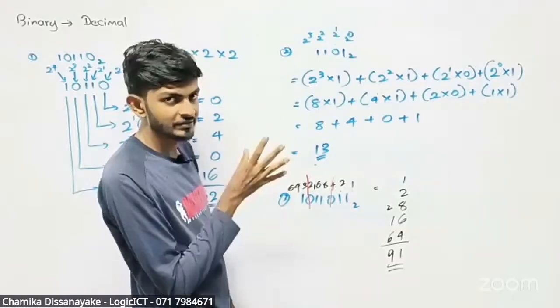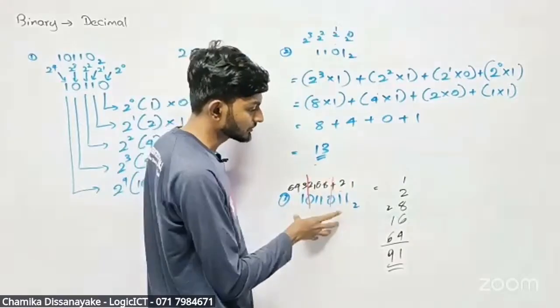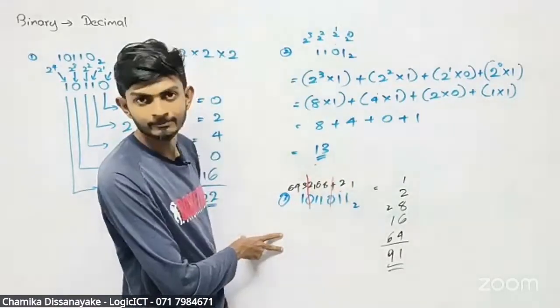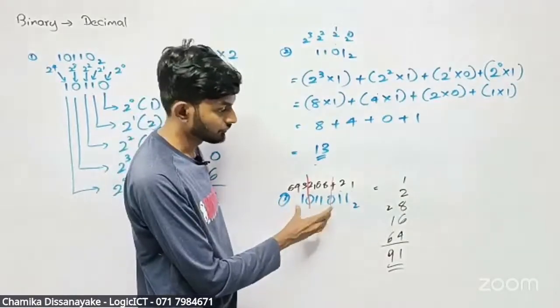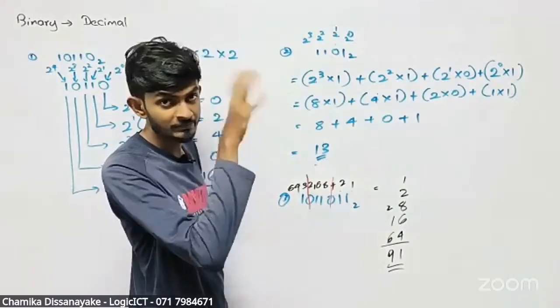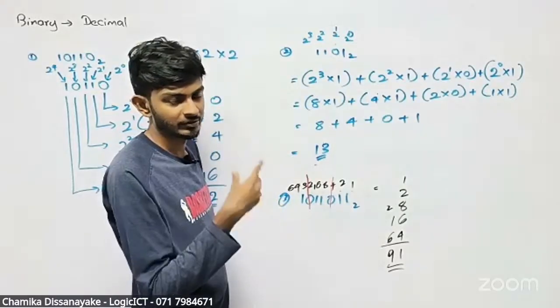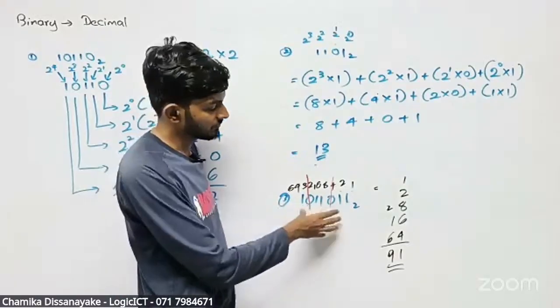And the thing is, guys, this is a shortcut. Don't use this shortcut for the exam. But if you have an MCQ question, a multiple choice question, you can use this format.